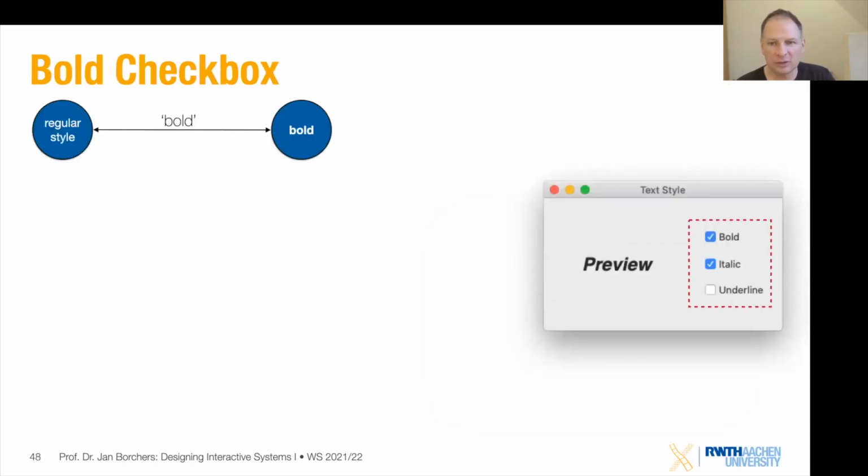We have, let's say, regular text style, which you call non-bold, right, Marco? And then if I check the bold checkbox, which is indicated here by this word bold in apostrophes, so I'm toggling the box. Then I enter the bold state, and if I'm already in the bold state and I toggle it again, I get back to regular style. Easy enough.